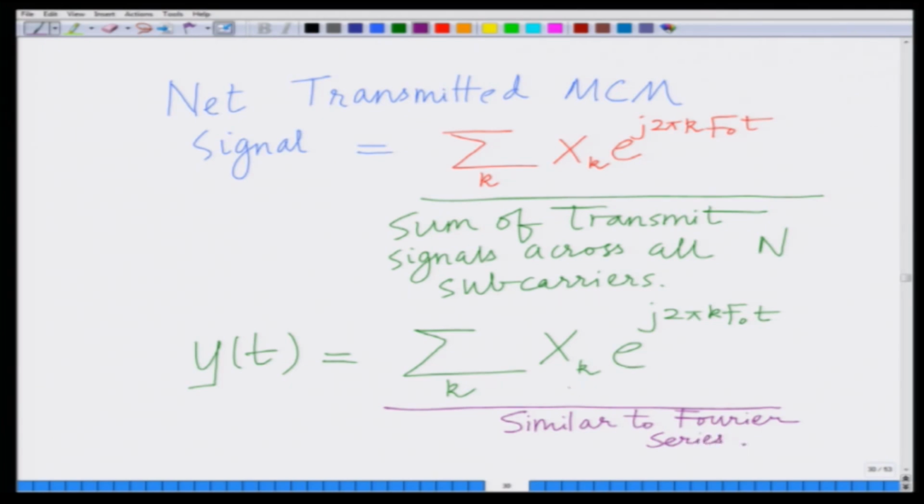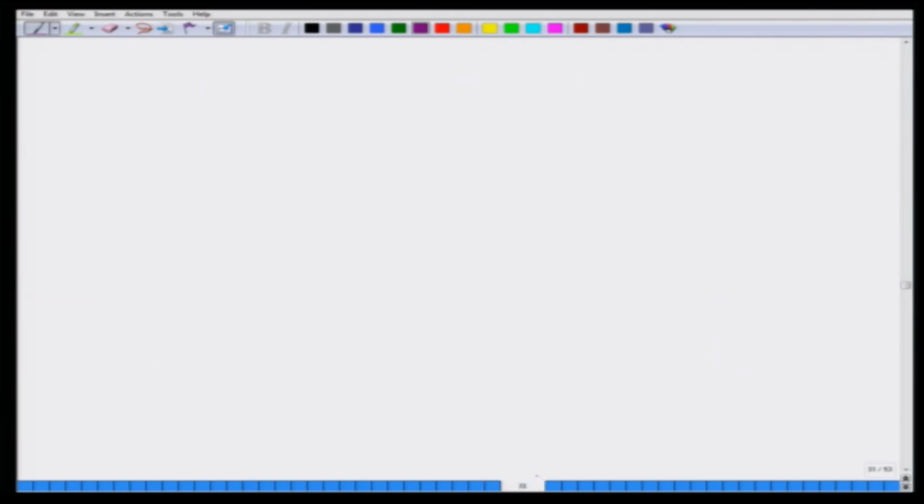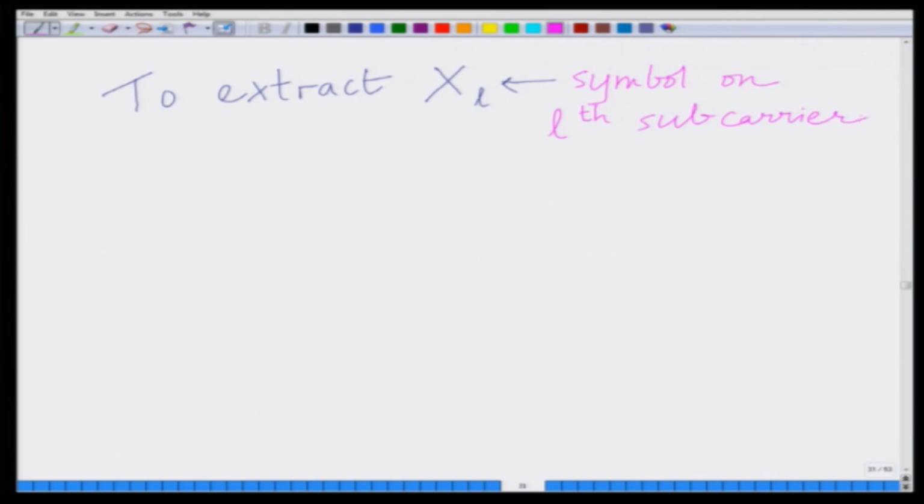So, therefore, x_k is the kth Fourier series coefficient, and therefore, the way to extract the lth symbol, to extract x_l, which is basically the symbol on the lth subcarrier, we have f naught integral 0 to 1 over f naught e to the power of minus j 2 pi L f naught times t times y of t.